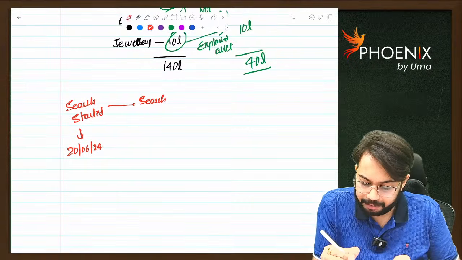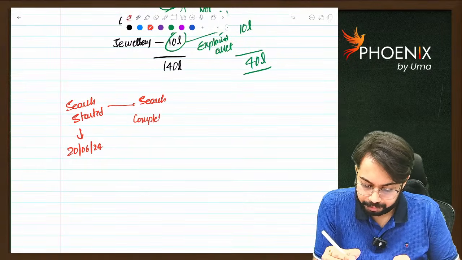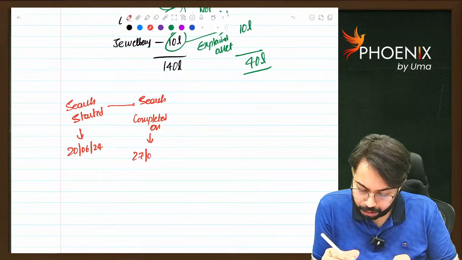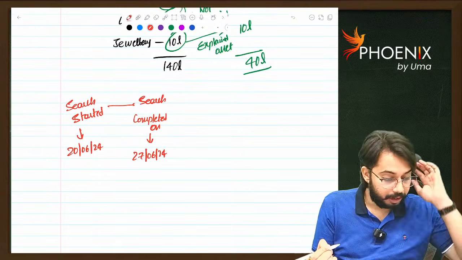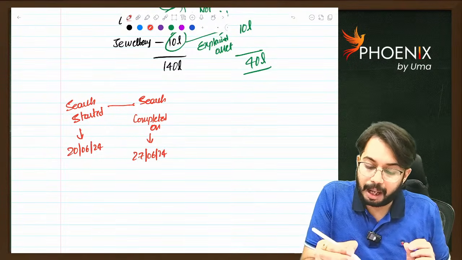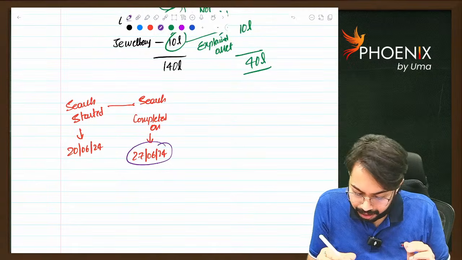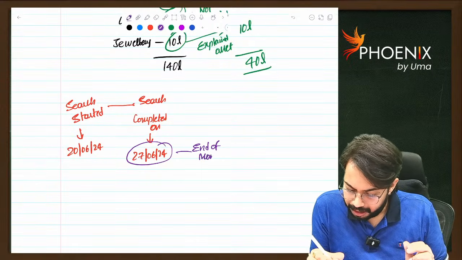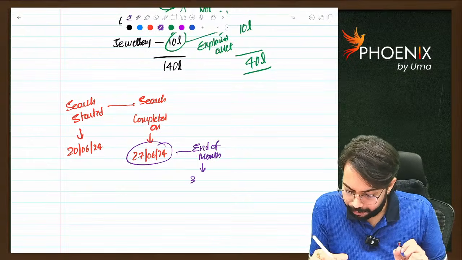Search completed on 27 June 2024. Now, the month in which search is completed, what is the end of that month? End of month is 30 June 2024.